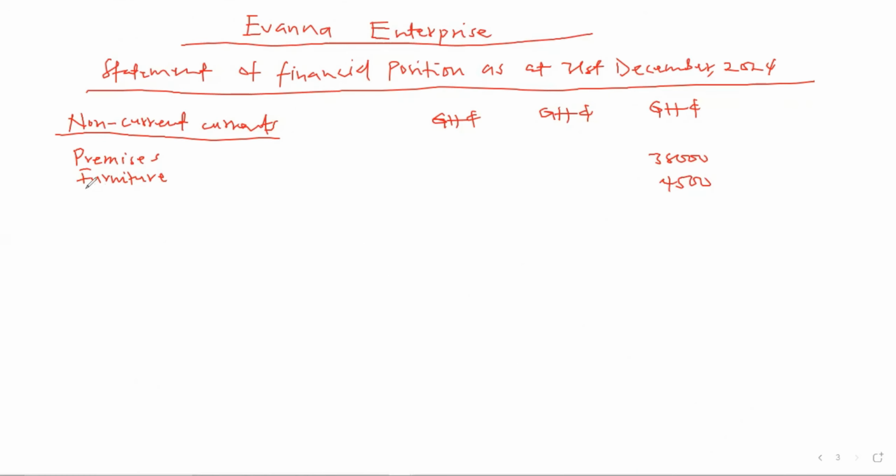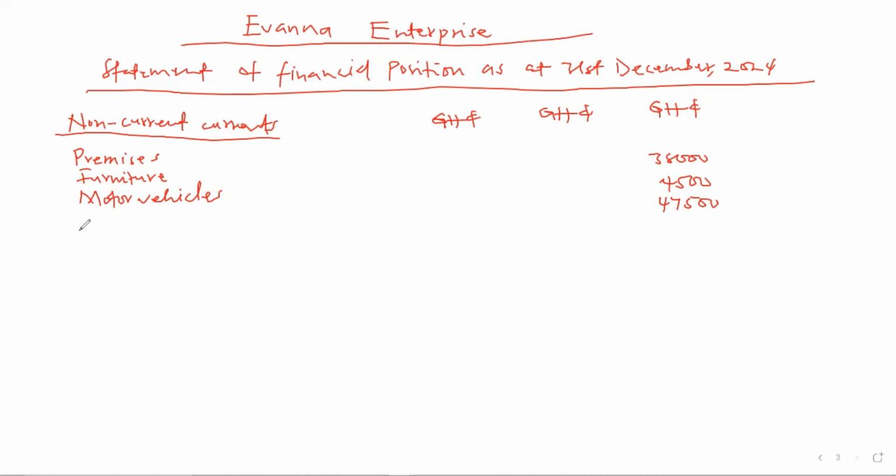We have motor vehicles. For accounting, it is very easy. You just copy the question and put it there and just add them. That is accounting. So 47,000. I'm not doing anything difficult, I'm just copying what's in the question.